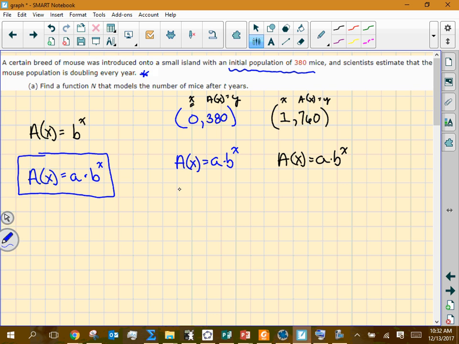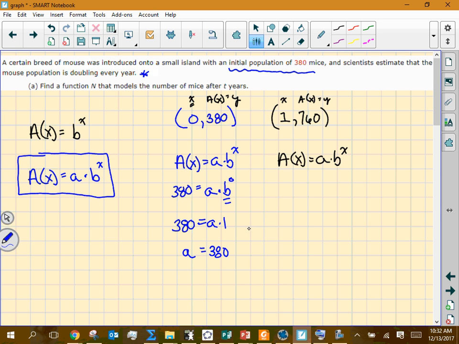So 380 is equal to a times b to the 0. I don't know a, I don't know b, but I know x is 0. And what's really nice about that is, what is b to the 0? B to the 0 is 1, right? So I've got 380 equal to a times 1.